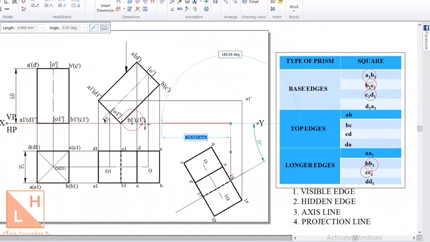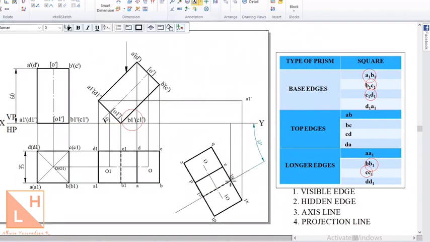So I'll just do it for B1 till B1 dash. B1 dash is found on the XY line, so I'll just stop it here on the XY line. Already it is connected to B1 dash. So this intersection above B1 will be called B1 dash.